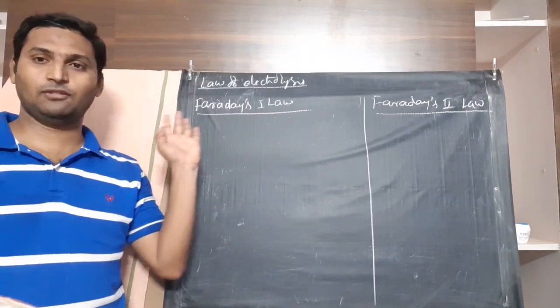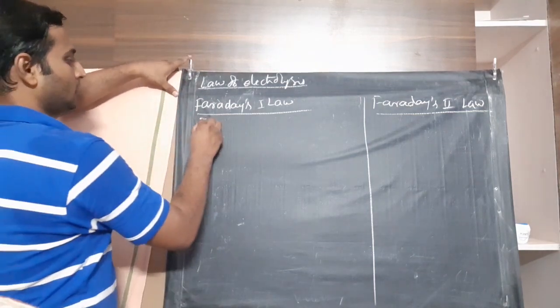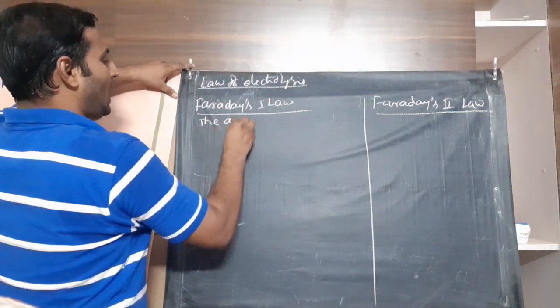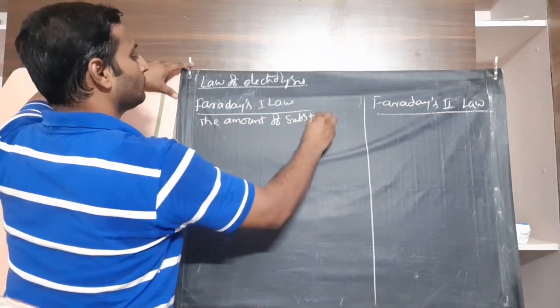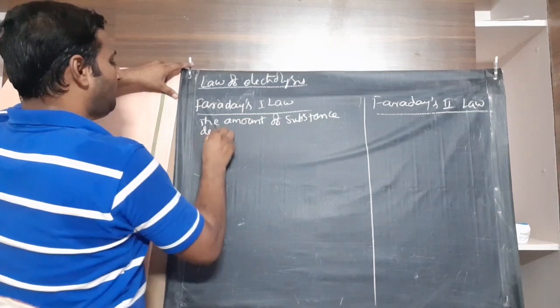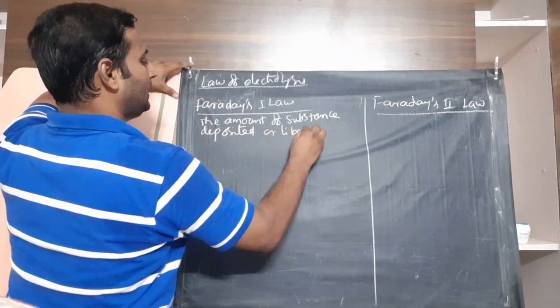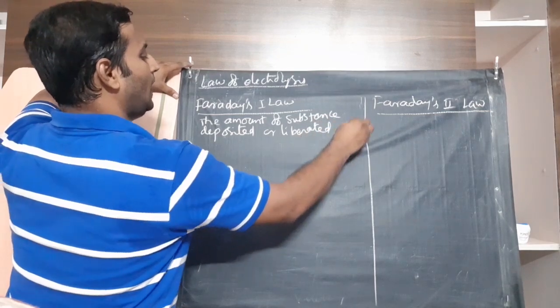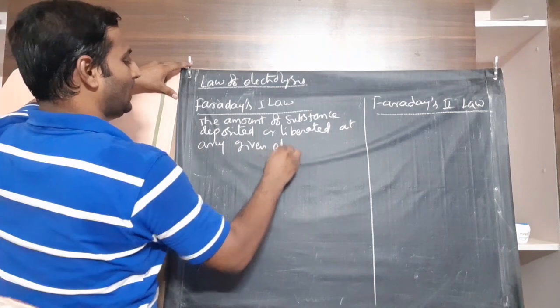Let us start off with Faraday's first law of electrolysis. It says that the amount of substance deposited or liberated at any given electrode.